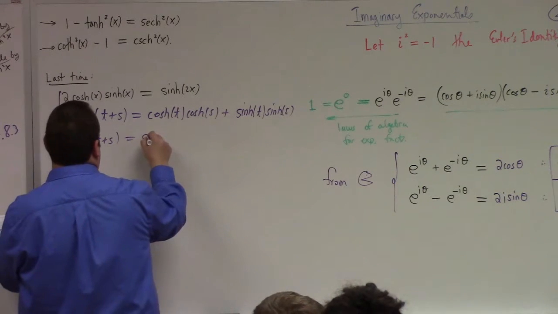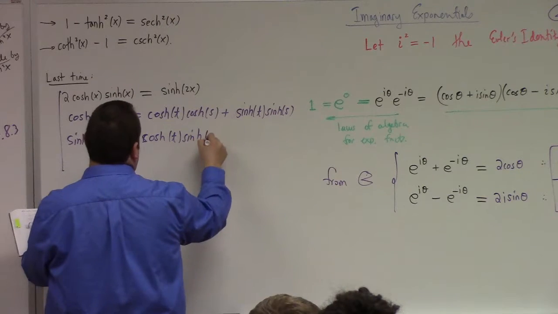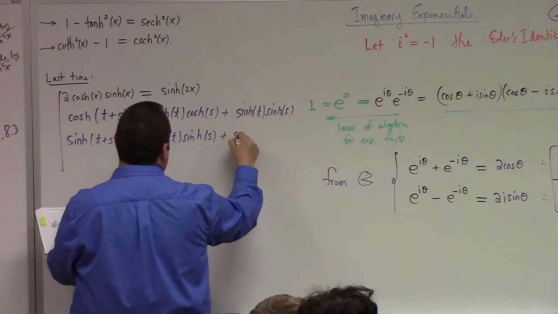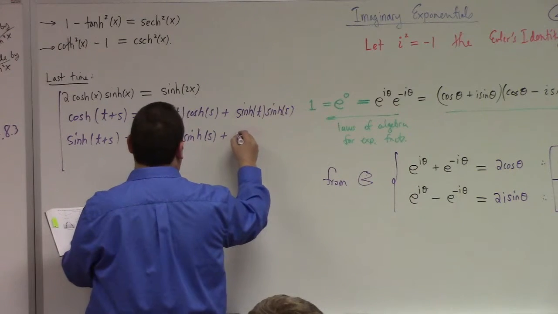I'm going to stop writing this in a second. Let me get this out of my system, then I'll just tell you. There are similar identities for cosh and sinh as there are for sine and cosine, right?